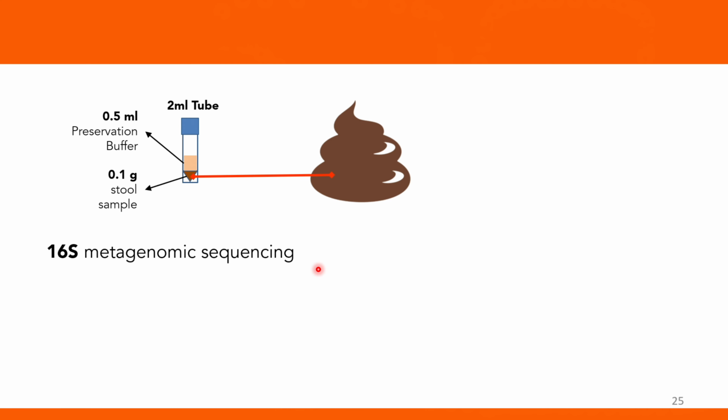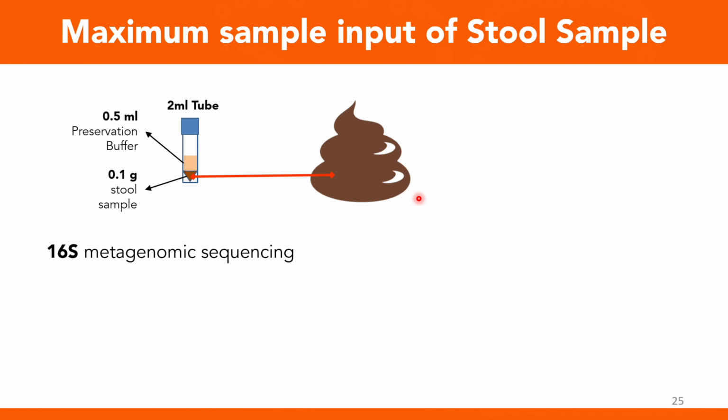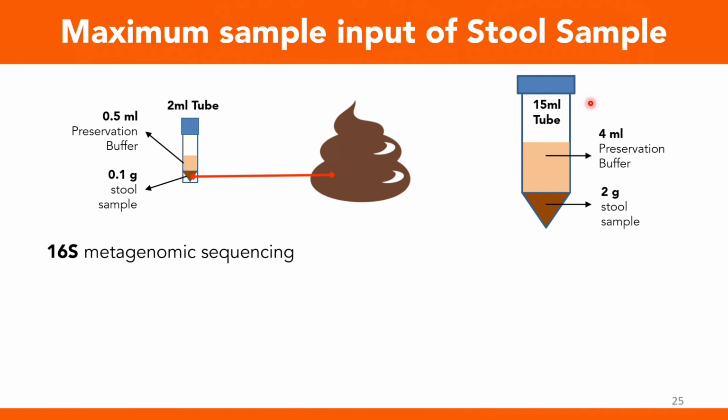But nowadays, scientists are not only interested in 1 point of the stool. They want maximum sample input, because only 1 point of the stool may not represent the whole population. Maybe at different positions of the stool, the bacterium population is different.